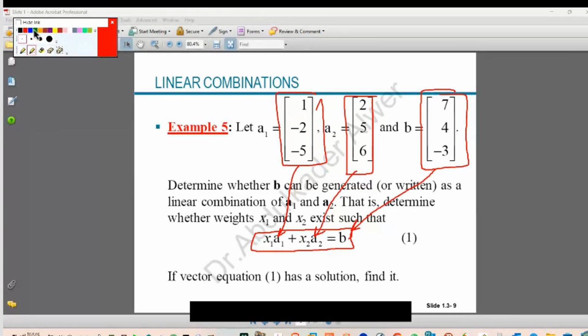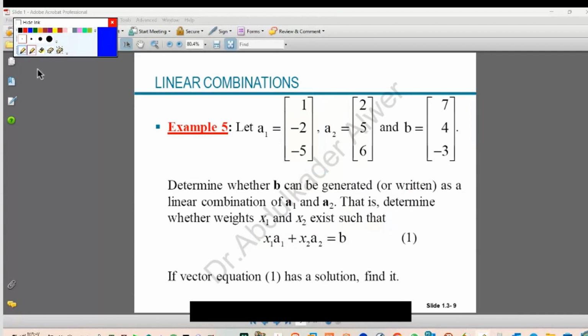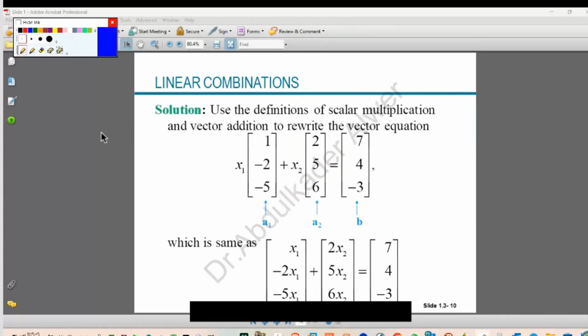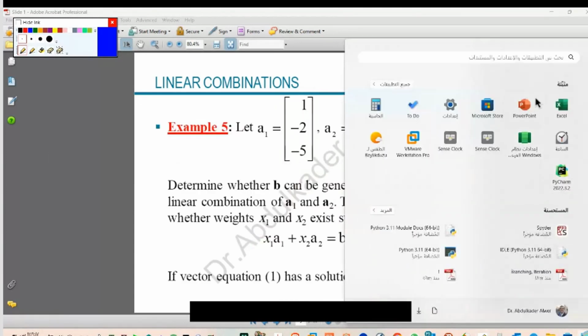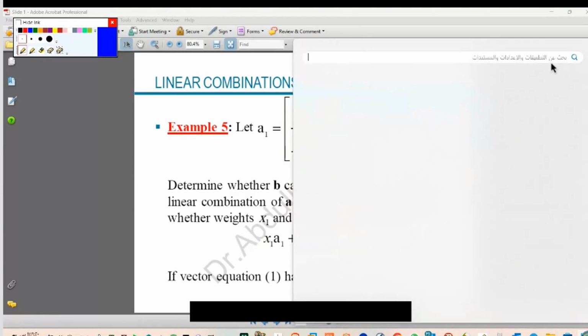If we have something like this equal this, we can say it's a linear combination. Okay, I will rewrite something again.